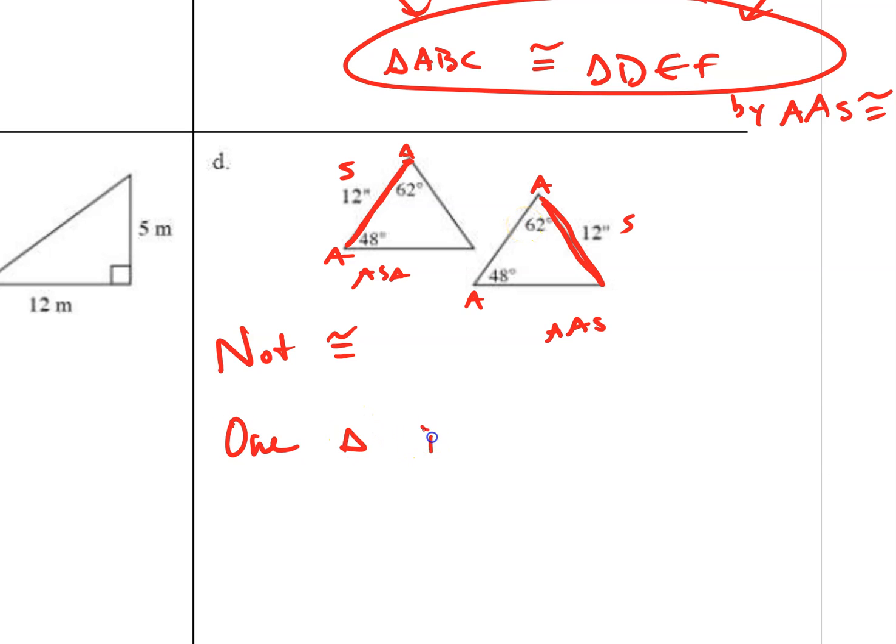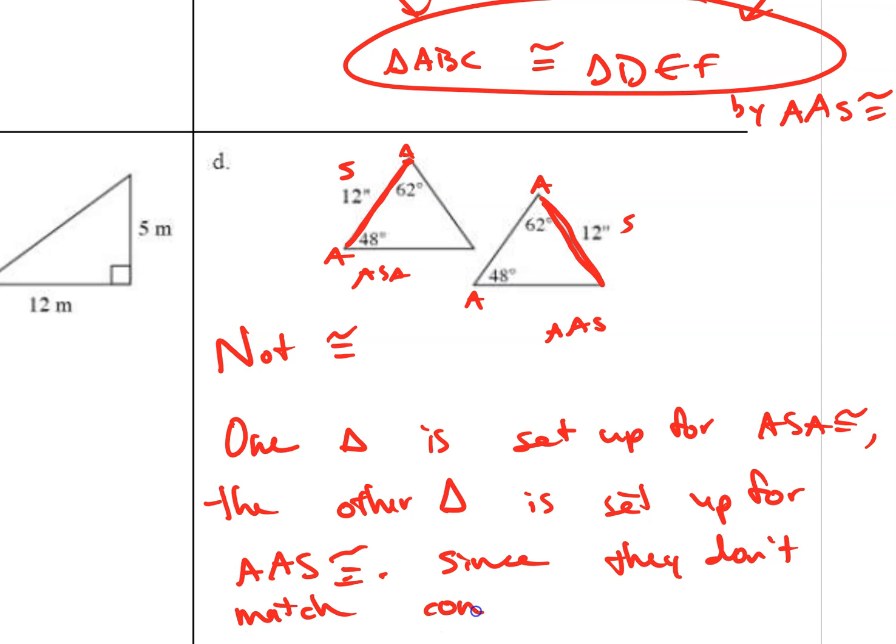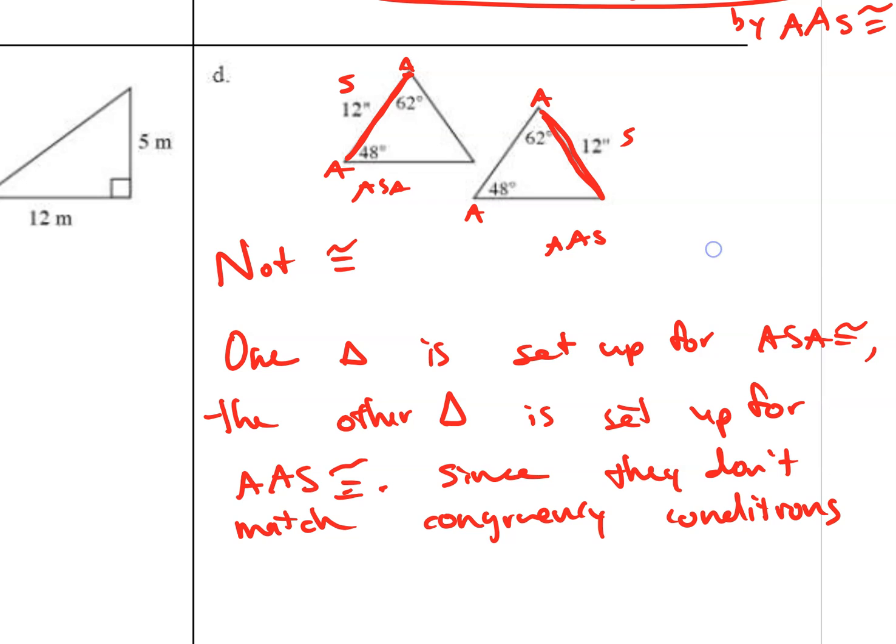One triangle is set up for ASA congruence. The other triangle is set up for AAS congruence. Since the congruency conditions don't match, they are not congruent.